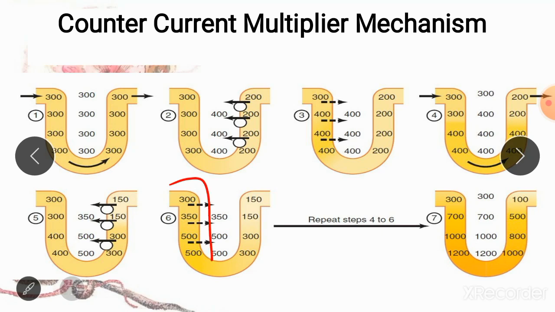Again, the descending loop is going to lose water, and it is going to make its osmolarity equal to that of the renal medullary interstitium. The step is going to be repeated 4 to 6 times till the osmolarity of the deepest part of the renal medulla becomes as high as 1200 to 1400 milliosmoles.